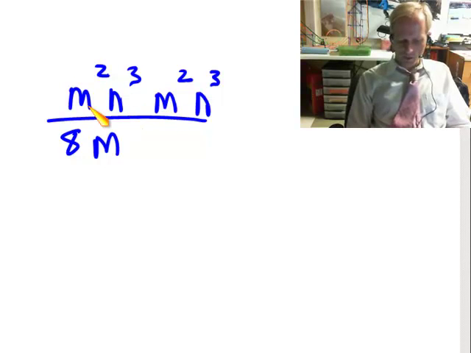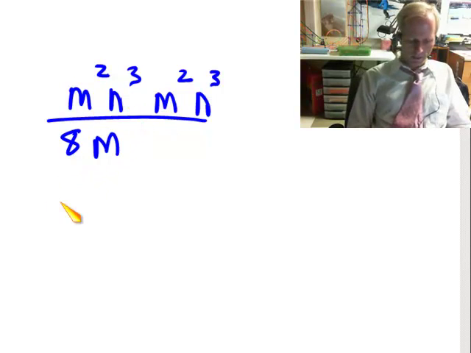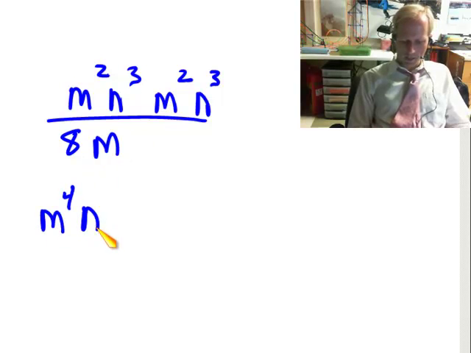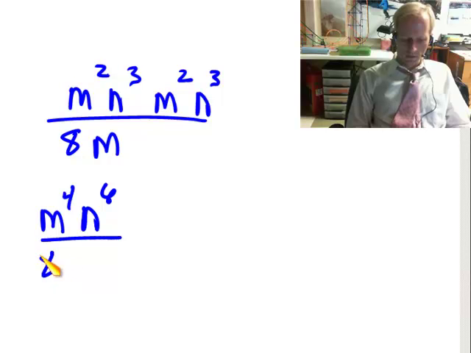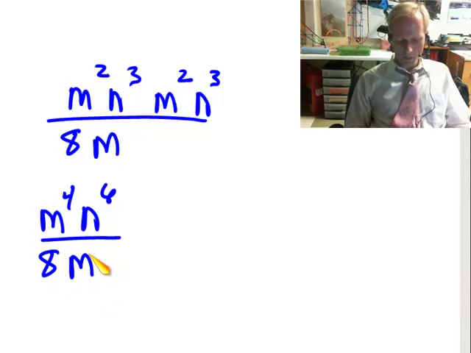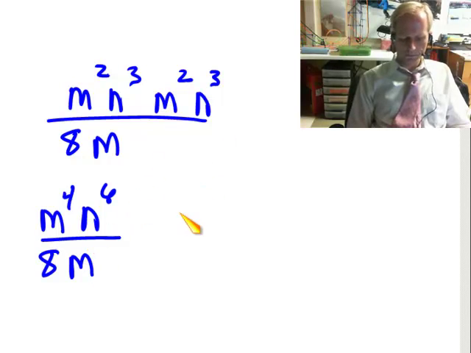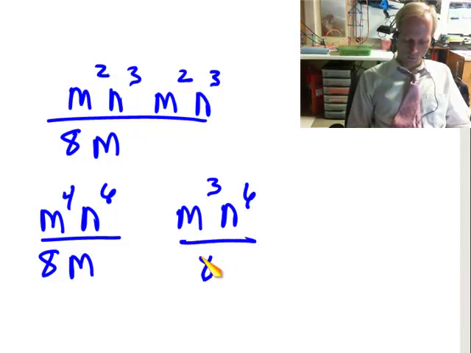Now I'm going to count my m's and n's in the numerator. That gives me 4 m's and 6 n's, all over 8m. And lastly, I can cancel out one of the m's, leaving me with my solution, which is m^3 n^6 over 8.